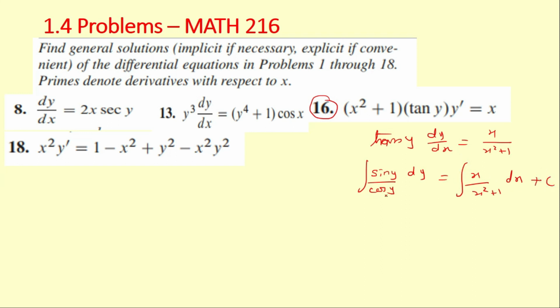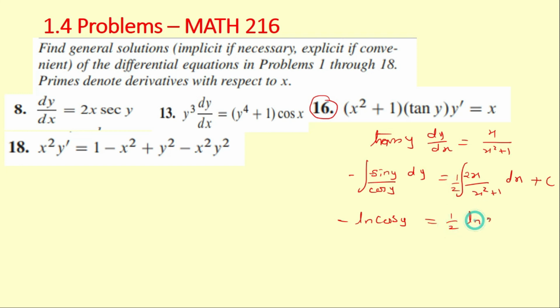When you differentiate cosine, you get a minus sign, but the minus sign is missing there, so you can use a minus and minus, and therefore the left hand side will be minus ln cosine y, which is equal to the right hand side. It should have been 2x here, so you can multiply and divide by 2, therefore 1 over 2 will be there.